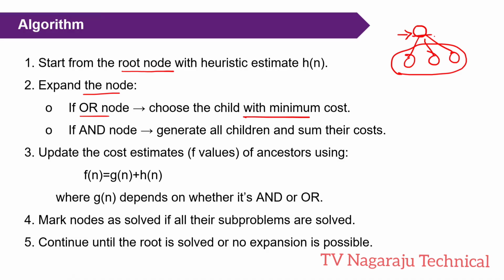Suppose if it is the AND node, generate all the children and sum their cost. So as usual, you are doing the cost operation, depending on whether it is AND or OR, and mark the nodes as solved if their sub problems are solved. Continue the process until the root is solved or no expansion is possible. If the expansion is not at all possible, stop the process.